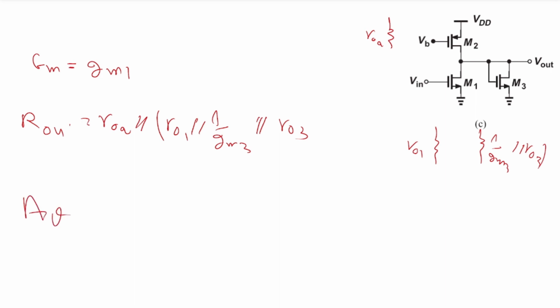So AV is equal to minus GM1 times RO2 parallel with RO1 parallel with 1 over GM3 parallel with RO3.